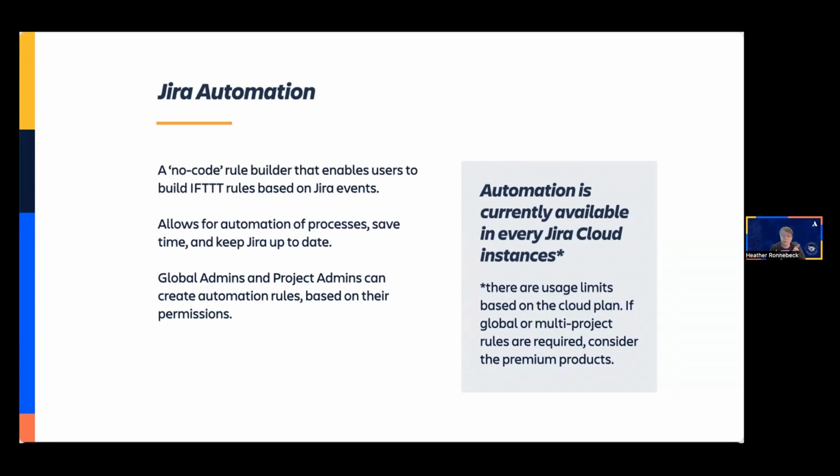If you have free or standard Jira, the organization will be limited to creating single project rules, which you can work around. But if you do have requirements for global and multi-project rules, that's where you're going to need Jira Premium software or service management or work management once they start charging for that.